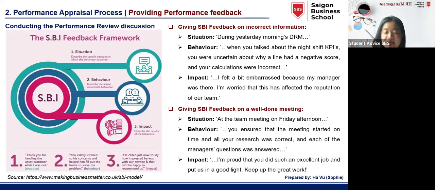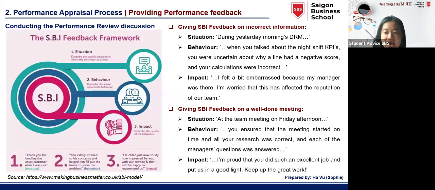Secondly, behavior. Describe the specific behaviors observed directly, not making assumptions or judgments about those behaviors. Thirdly, impact. Describe how the employee's action can affect or influence others' behavior within a team or within a department. You can see two examples on the slide, one for negative feedback and the other for positive.